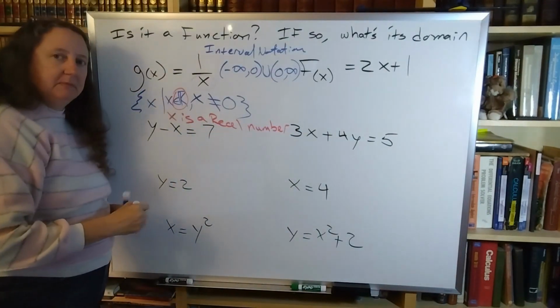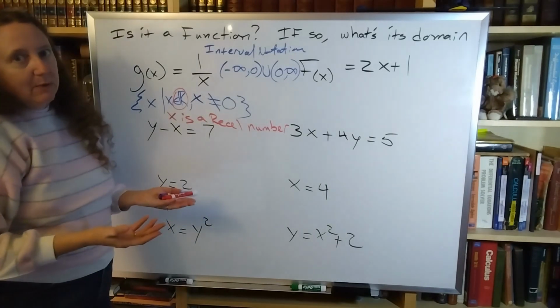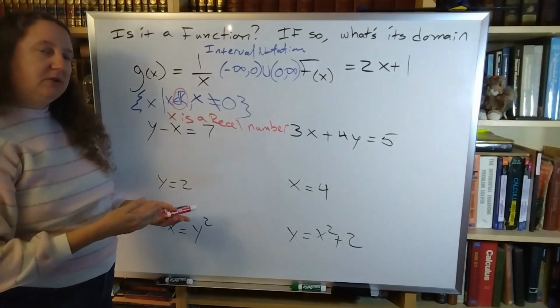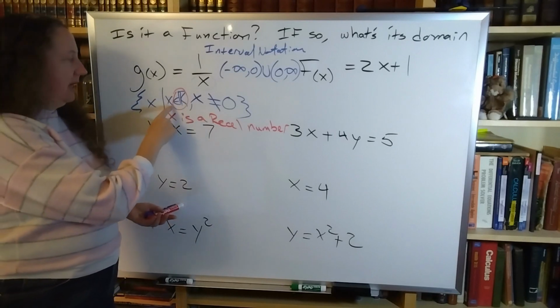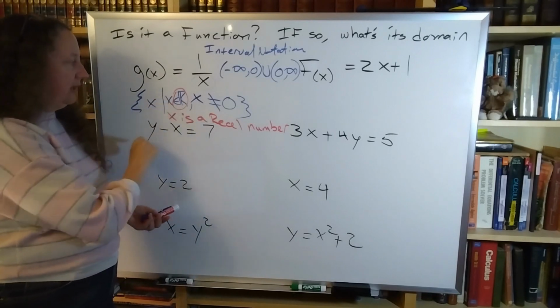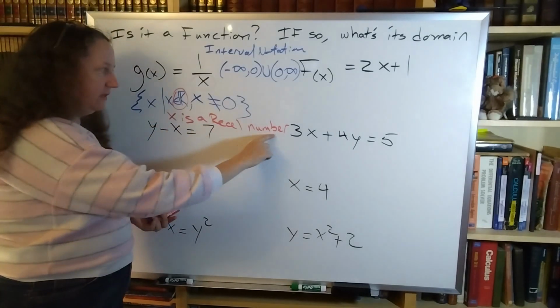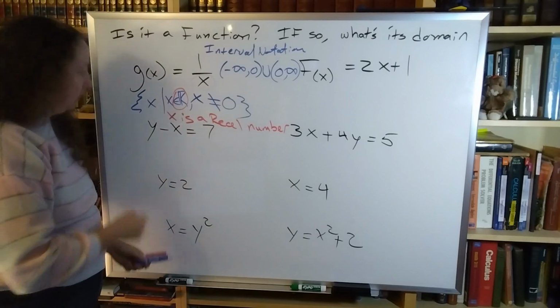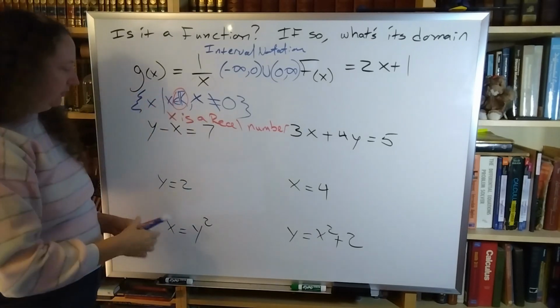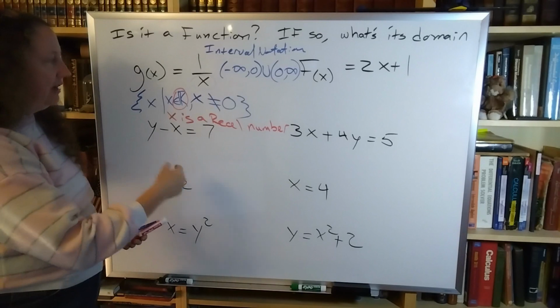Mathematicians, in a way, are kind of lazy. We don't like to write as much. So we found a shortcut way of writing, and just writing those symbols, x, element of reals, is the same as writing out that whole sentence: x is a real number.